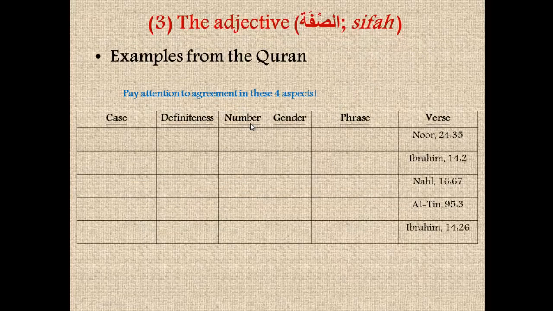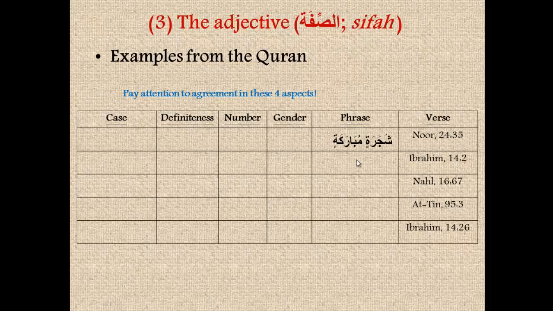Now let's review the adjective or the sifa by taking examples from the Quran. I want you to pay attention to agreement, again, in these four fundamental aspects: case, definiteness, number, and gender. In Surah An-Nur, verse number 35, we have the phrase shajaratin mubarakatin, a blessed tree.